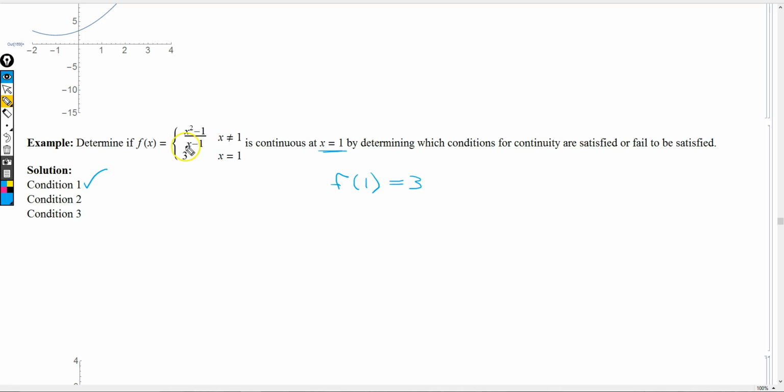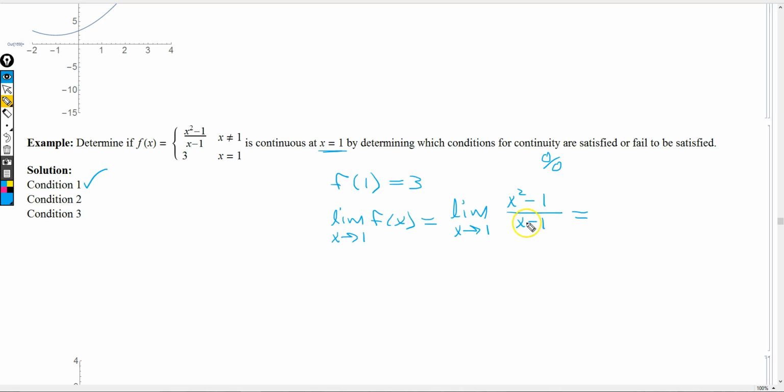Well, we need to take a look now at the limit. So what is the limit as x converges to 1 of f of x? Well, that's equal to the limit, and I have to use this piece of the function, the x squared minus 1 over x minus 1. Now to evaluate this limit here, notice if I put 1 in for x, I get 0 over 0.